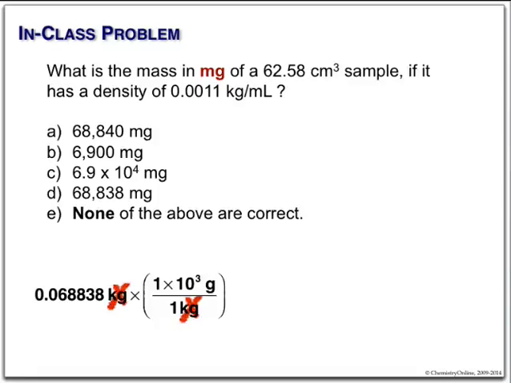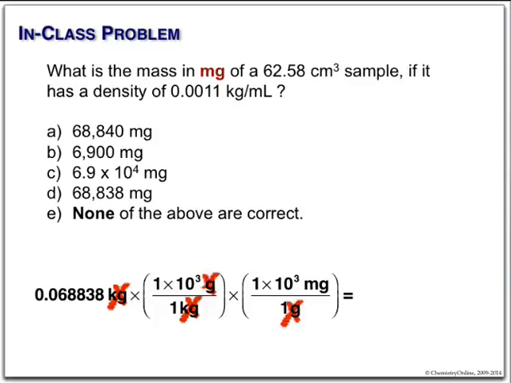So our second ratio has to be set up with grams in the denominator. We are converting here from milligrams to grams. We know that there are 1,000 milligrams in every gram. Our grams are going to cancel. And when they do, we're going to get an answer here now in terms of milligrams.